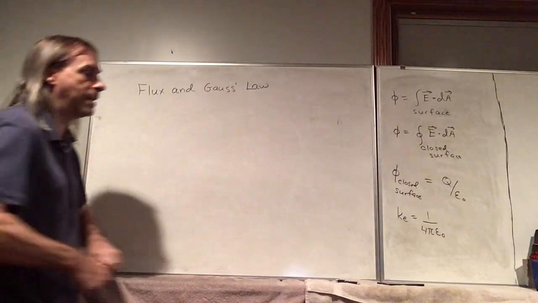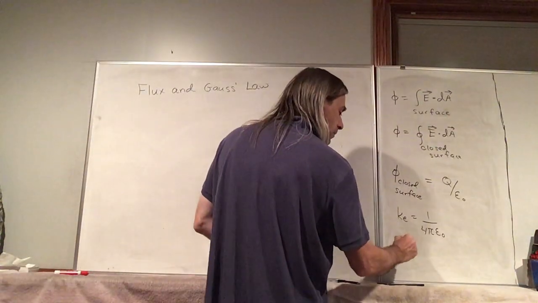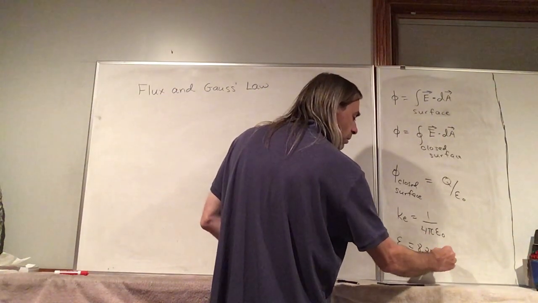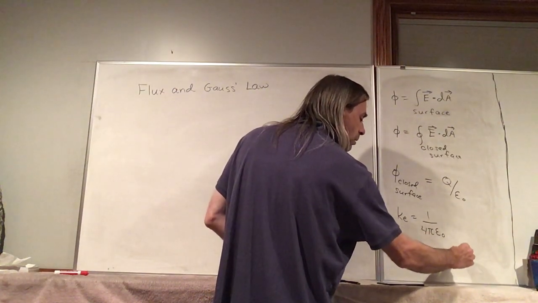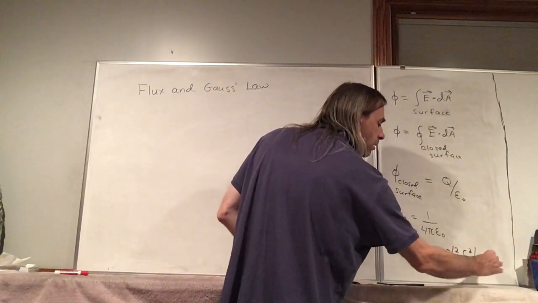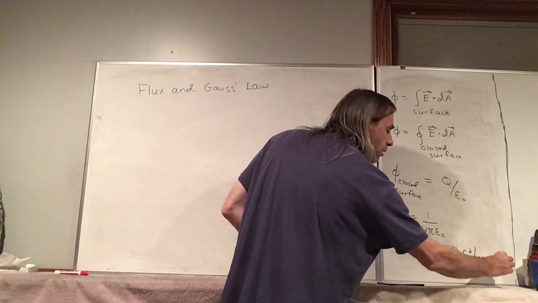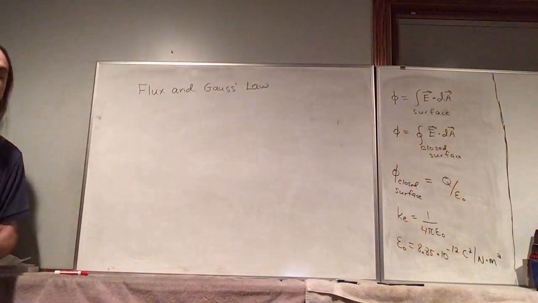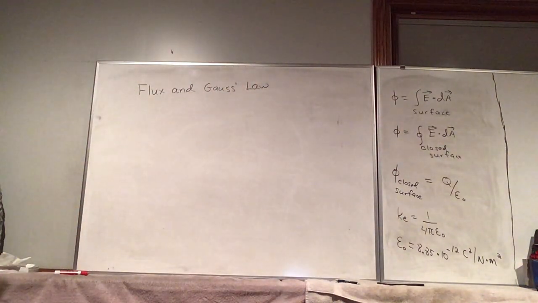But it's that same constant that we've seen before. Let's write down the value. So yeah, 8.85 times 10 to the minus 12 Coulomb squared over Newton meter squared.